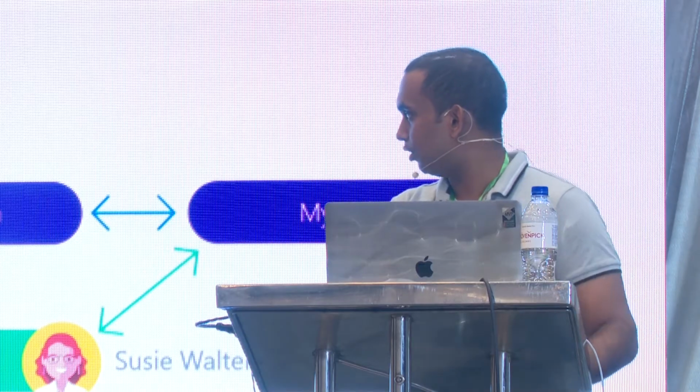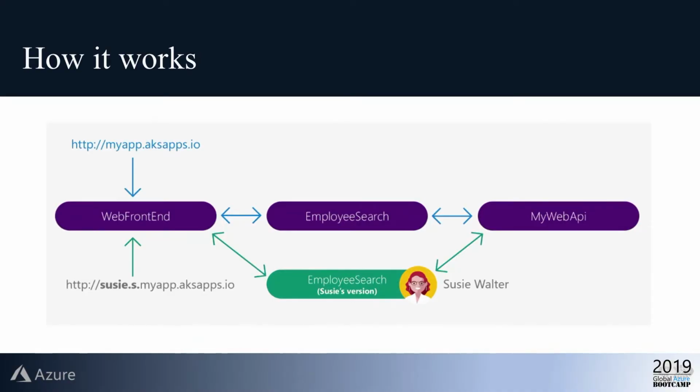Right? Now let's look at how this thing works overall. In this example, we have a web front end, employee search, and a my web API. So consider these three as three microservices. Or you can consider each as a Visual Studio project or whatever. Right?